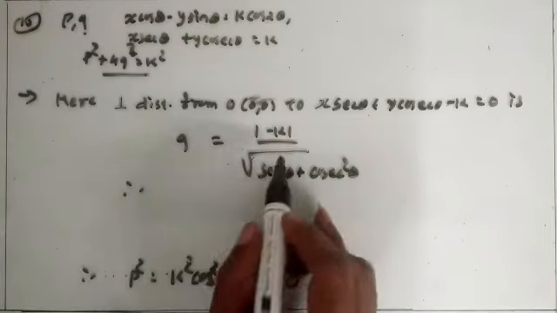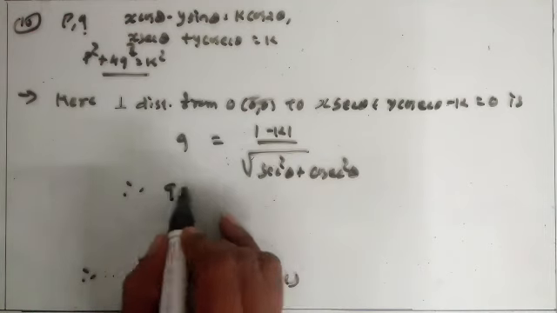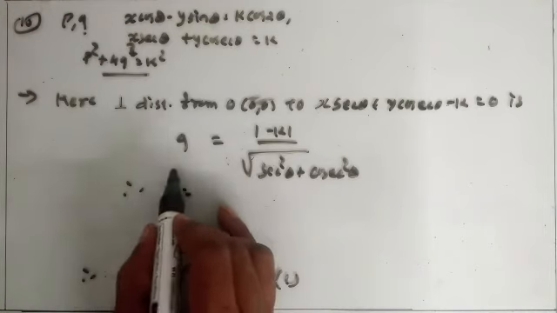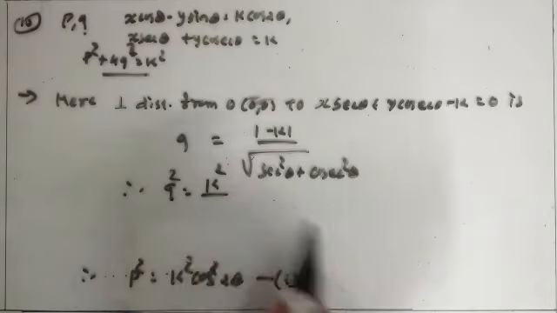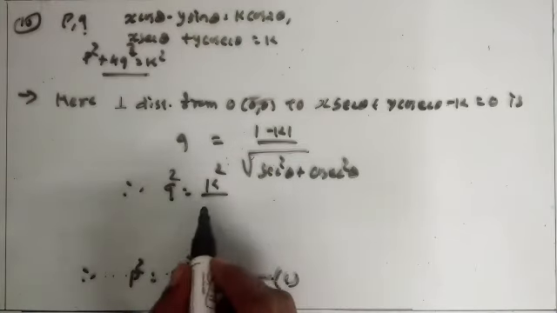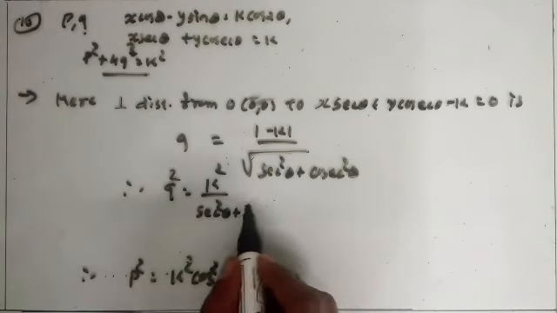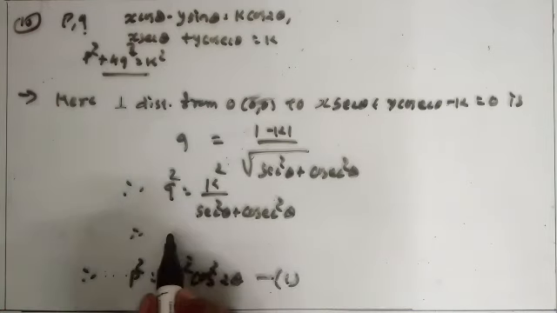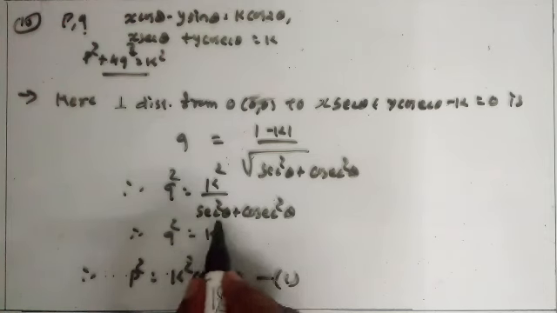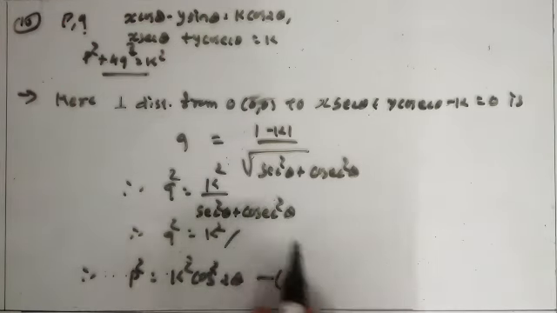Therefore, simplify this. Apply square on both sides: q square is equal to k square upon sec square theta plus cosec square theta. Clear?